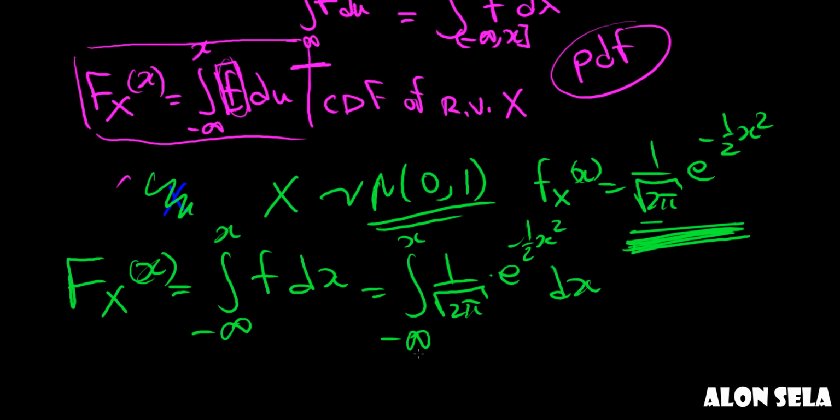So if I would give it to you like this from the beginning, this thing you already know. You know that this is the cumulative distribution function of a random variable which is distributed normally, a standard normal, and this is its PDF.